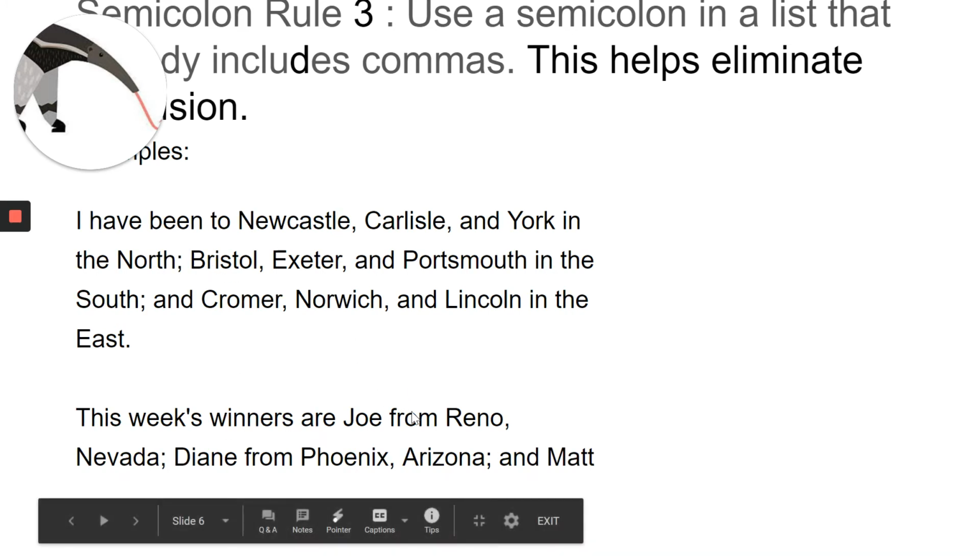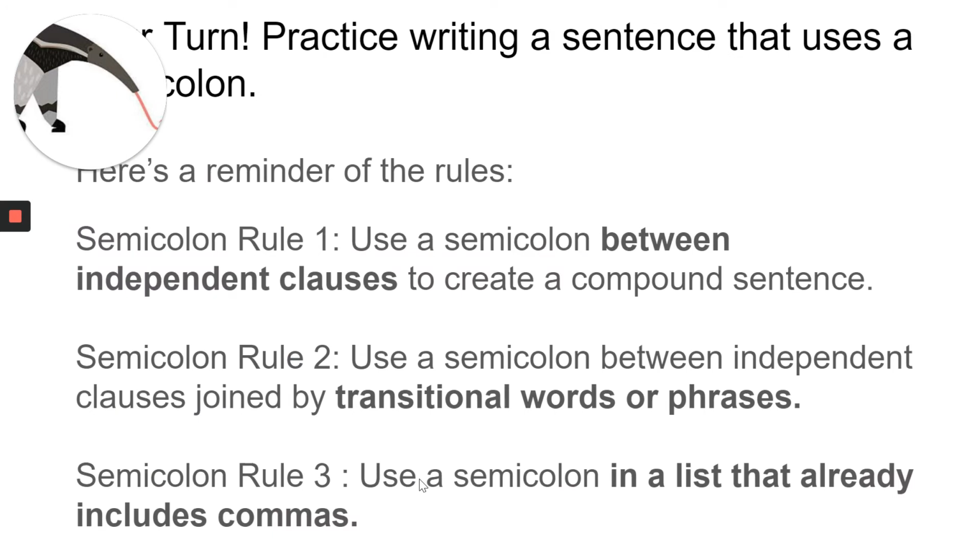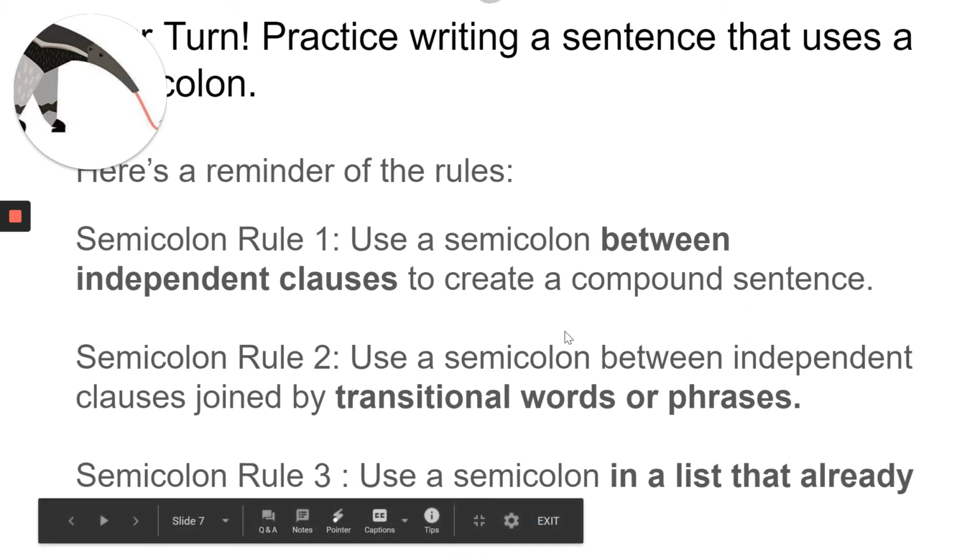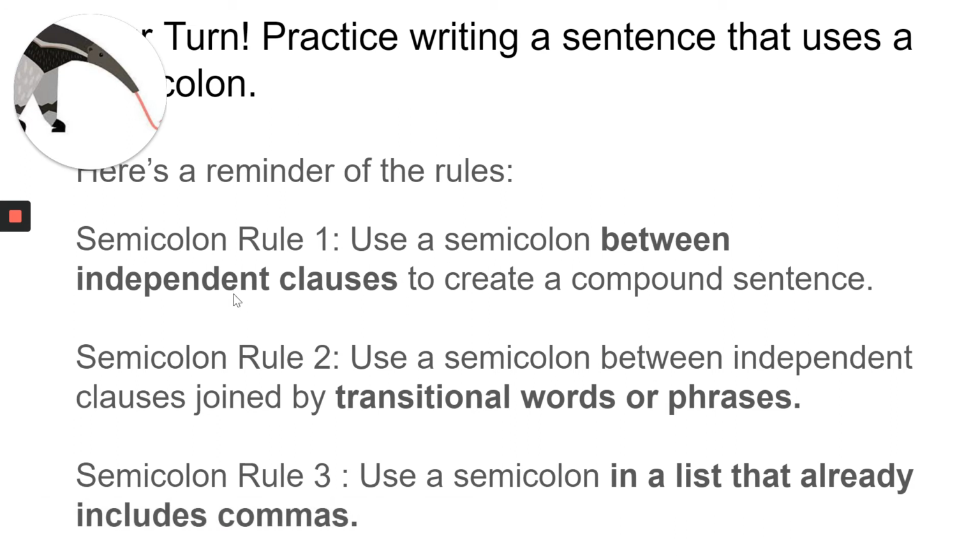Winners are Joe from Reno, Nevada; Diane from Phoenix, Arizona; and Matt. So like I said, commas separate the smaller groups within the bigger groups. So here are the rules for semicolons. You put it between two independent clauses, so two complete sentences, to create a compound sentence.